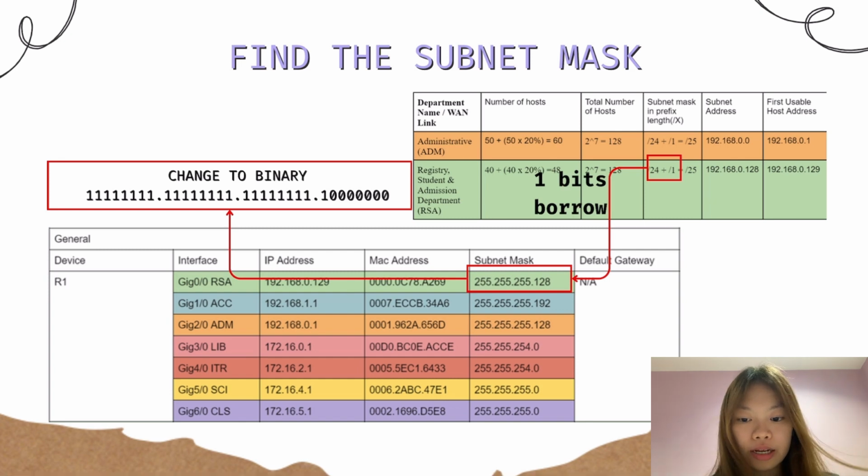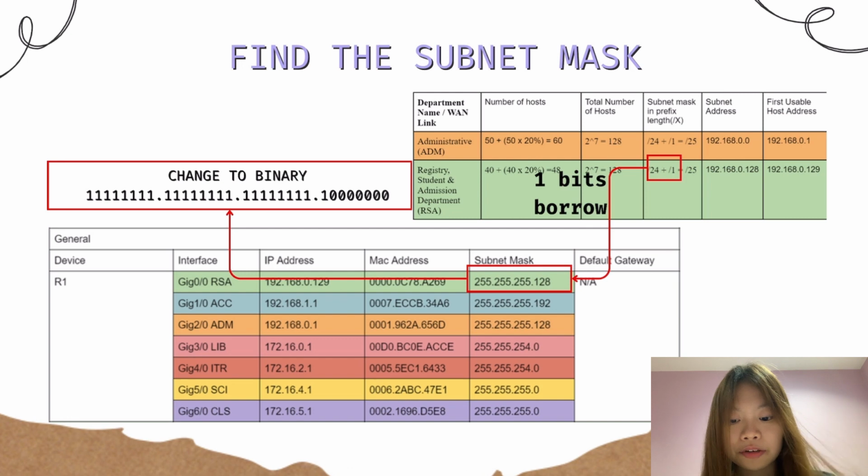Okay, so next is to find the subnet mask. To find the router interface subnet mask, we look at the subnet mask in prefix length so that we can know how many bits we have to borrow. So for example, for the registry student and admission department, we are going to borrow 1 bit from the subnet mask in prefix length.